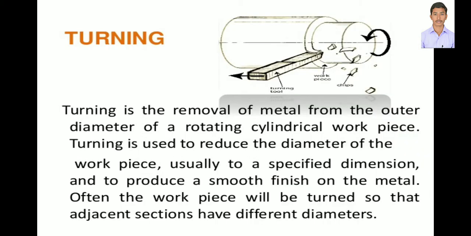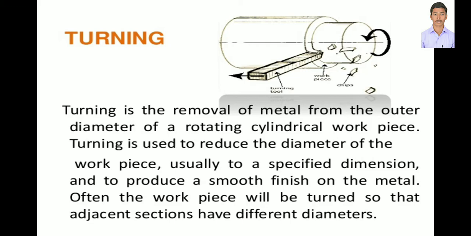Turning is the removal of metal from the outer diameter of a rotating cylindrical workpiece. Turning is used to reduce the diameter of the workpiece, usually to a specified dimension, and to produce a smooth finish on the metal. Often the workpiece will be turned so that adjacent sections have different diameters.